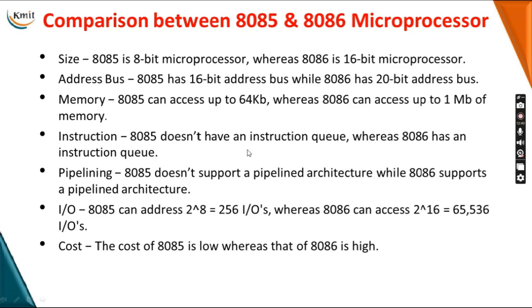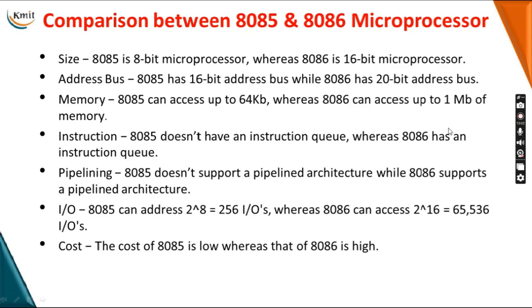So the 8085, as it doesn't have an instruction queue, has to wait for fetching, decoding, executing. After execution is done, then it has to fetch, decode, execute. Like that, it continues. The disadvantage is that it is waiting for the next instruction to be fetched.